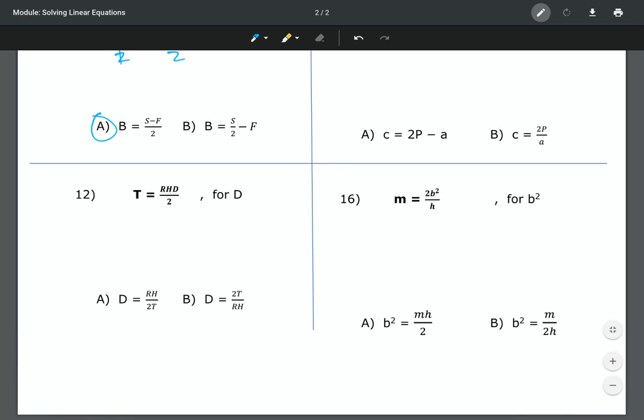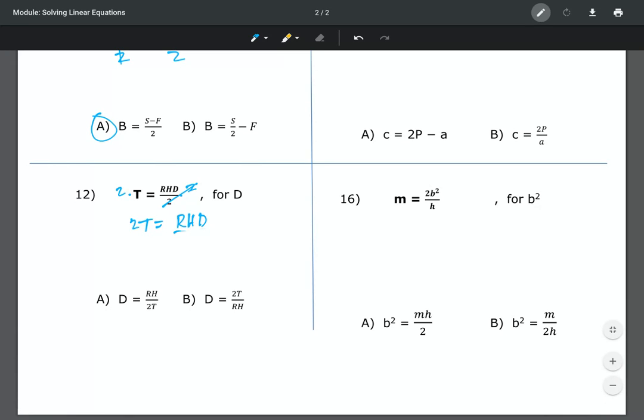All right, number 12, we need to solve for D. This is a little bit more in depth, but remember, we've been working a lot with eliminating fractions. So I want to get rid of that 2. So I'm going to multiply by 2. That cancels out. Whatever you do to one side, you have to do to the other. So I have 2t equals r h d. Now, I want to keep d where it is.